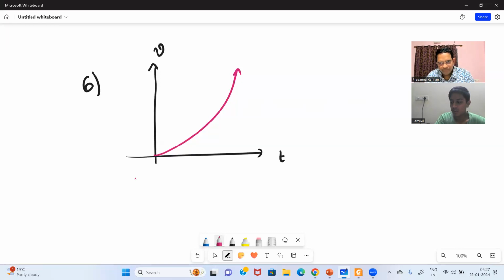And t squared is equal to 4 into a into v. t squared is 4av. So v is equal to t squared by 4a.